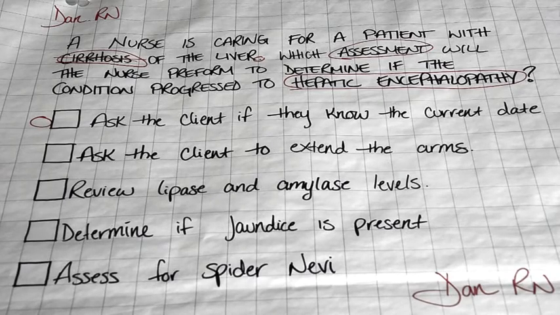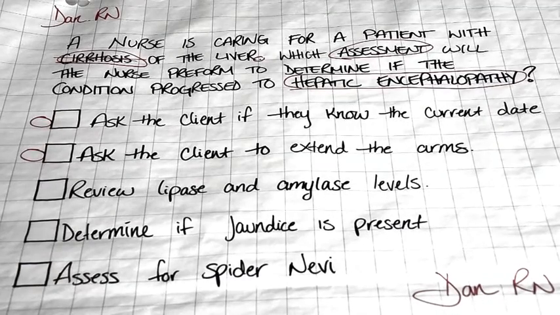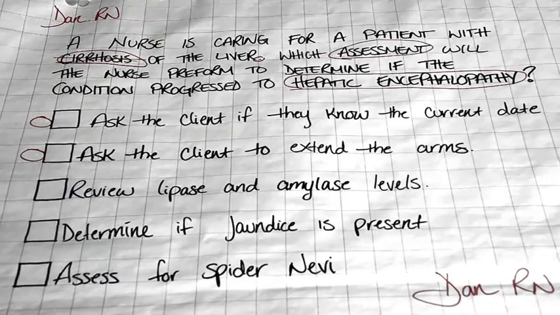So we're going to keep that as an answer choice, and put a circle beside it. Again, this is very pathophysiological, and you have to know the condition in order to be able to answer the questions.